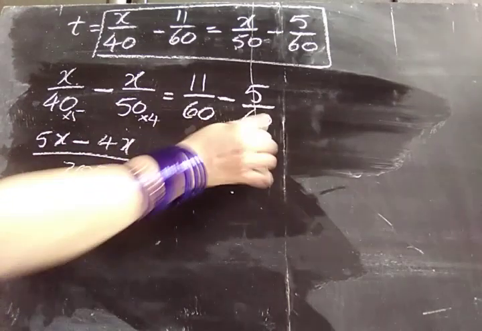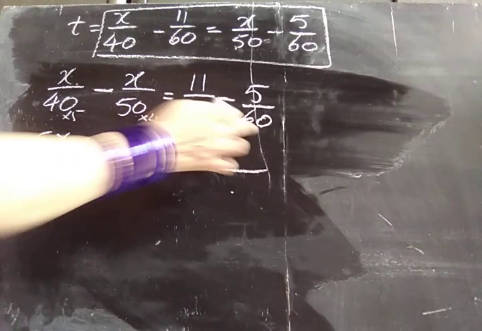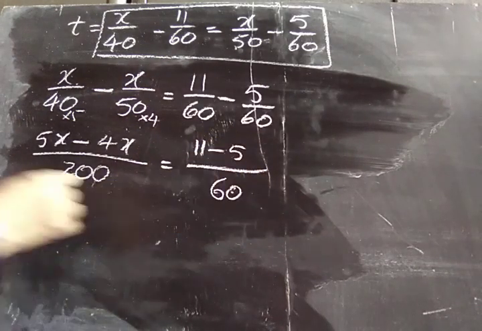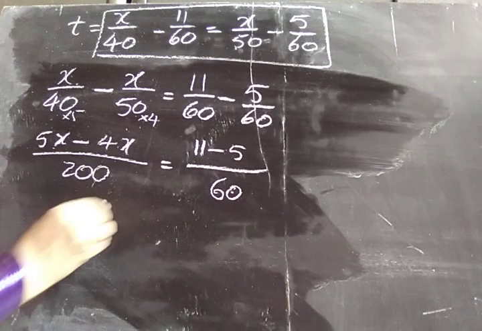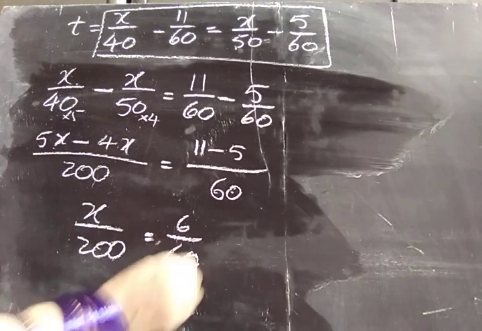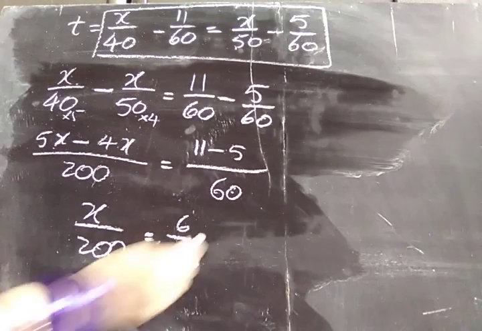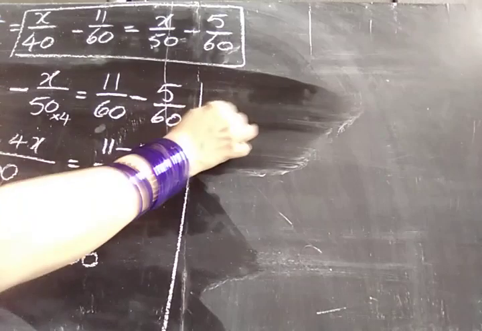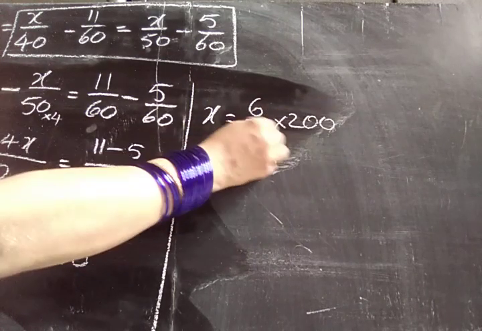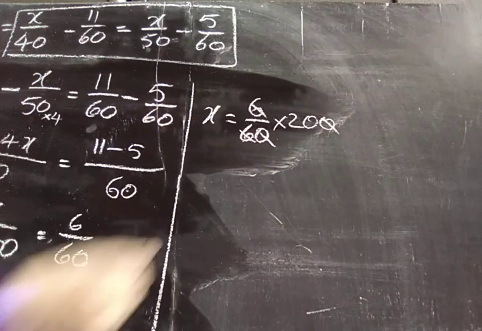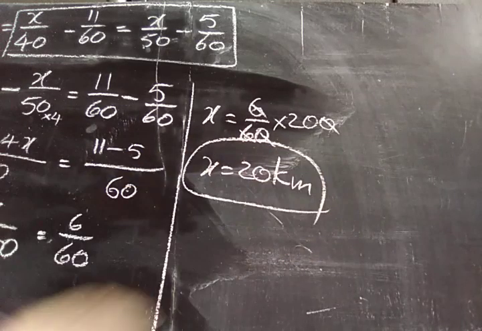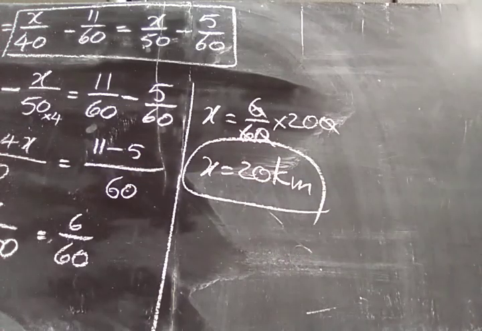Then 11 minus 5 by 60. Now 5x minus 4x is x. X by 200 is equal to 6 by 60. Then x is equal to 6 by 60 into 200. Cancel the zeros, 6 ones are 6. X is equal to 20 kilometers. This is the distance. Understood?